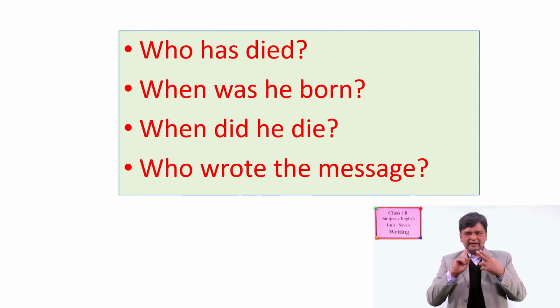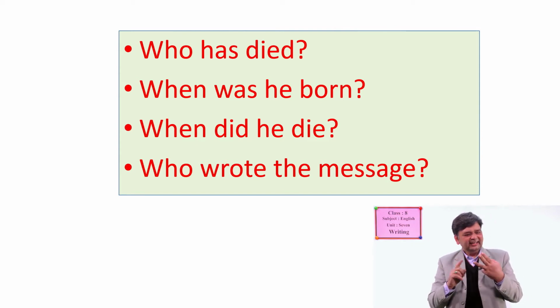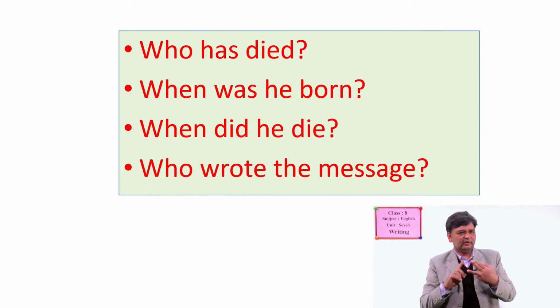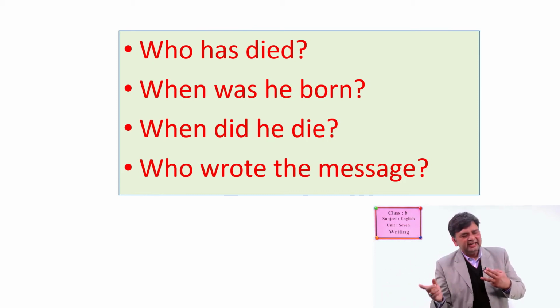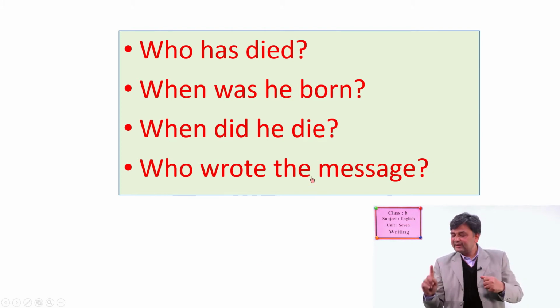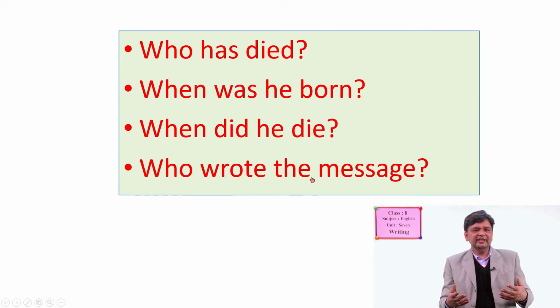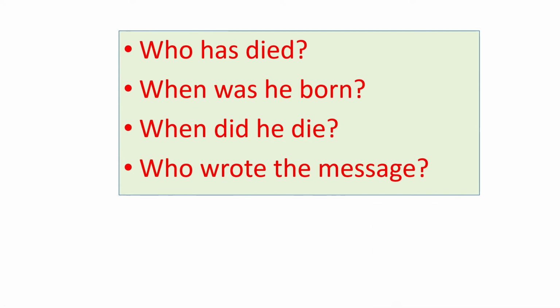And then you have to write the date of birth of the person, and then the expiry date, or the day the person died, right? And then the name of the organization, or sometimes it can be a friends group, or sometimes a single person also can publish a message of condolence to the family and relatives, okay?